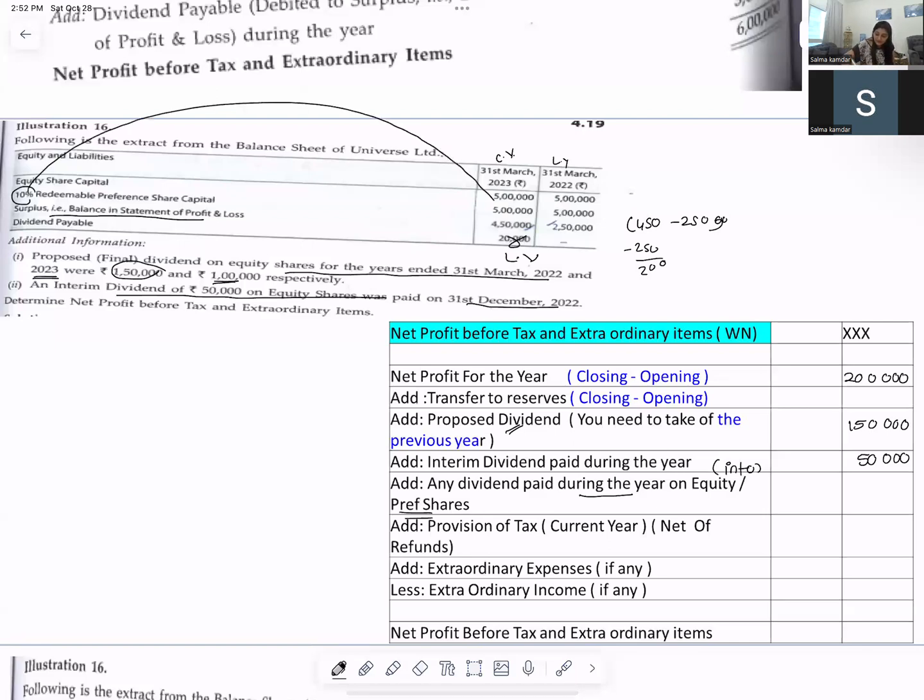So you are going to give them 500,000 into 10%, so dividend on preference shares. So you have dividend on preference shares 50,000.